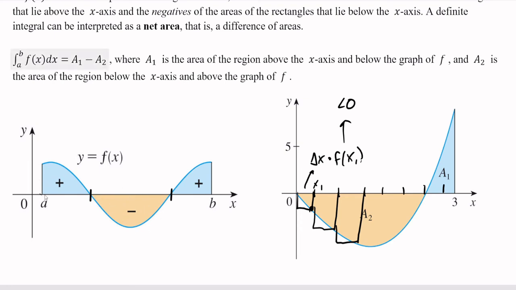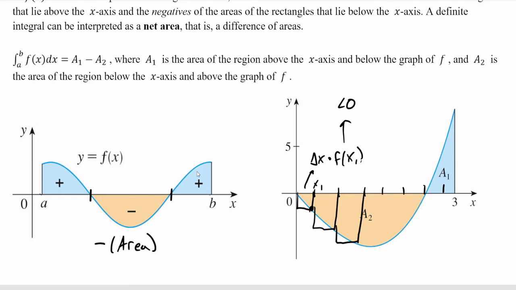Here to here, a to this, it's going to be positive. It'll perfectly represent area. Here to here, it's going to represent area, but it's going to look like negative the true area. Just because of the way we define this, right? We're plugging into the function, but the function is negative. So this height here is actually a negative number. And then from here to here, it's again going to pick up the true actual positive area.